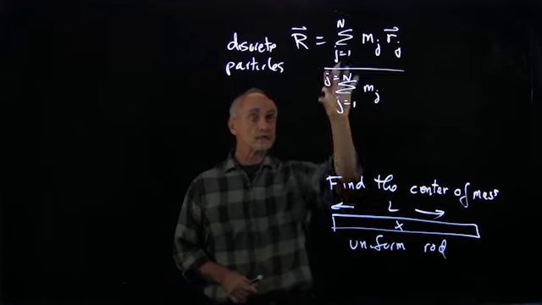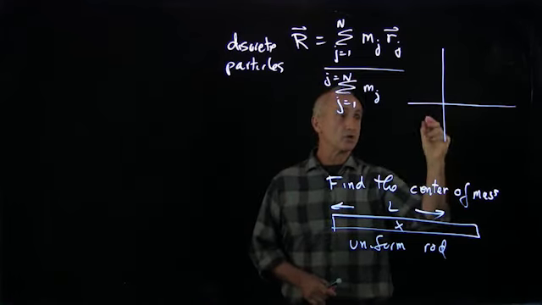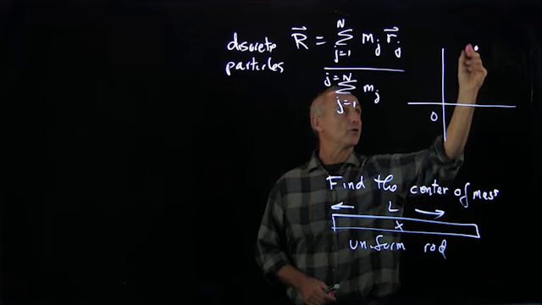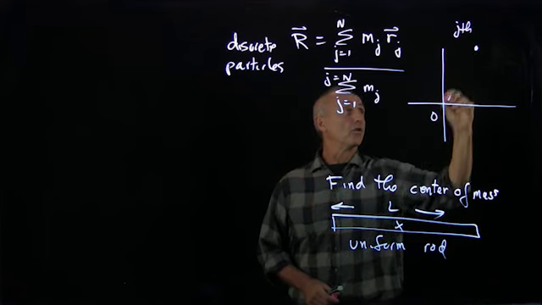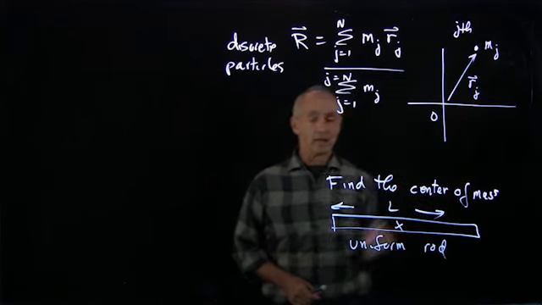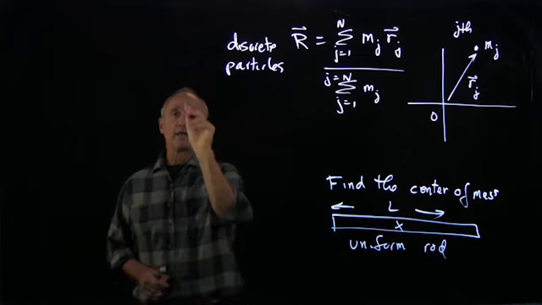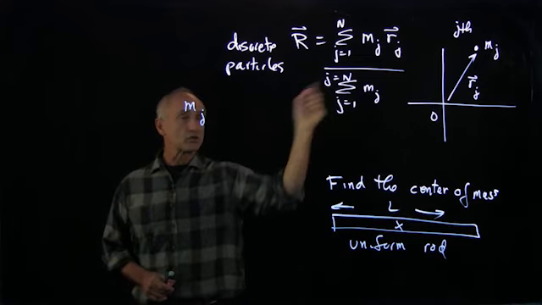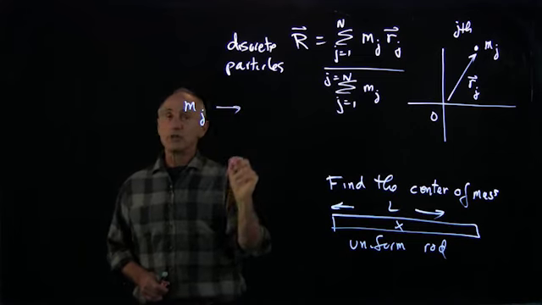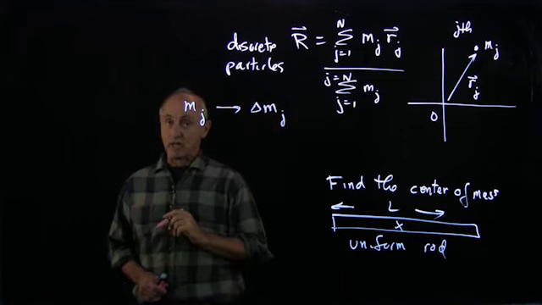Now, how do we translate this equation for a continuous system? Let me just again show that we had chosen an origin. Here was our jth particle of mass mj and position rj. What we want to do is draw the analogy, and here's how it works. For each discrete particle, we're going to look at that as some mass element, delta mj.